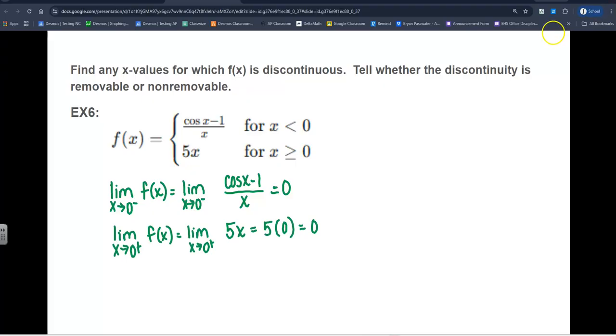I do have an or equal to with one of these, and it is the one that will be defined. This one would not be defined at 0, right? This one would be. So do I have any discontinuities here? Those two match up. I would say none for this. You do not have any discontinuities.